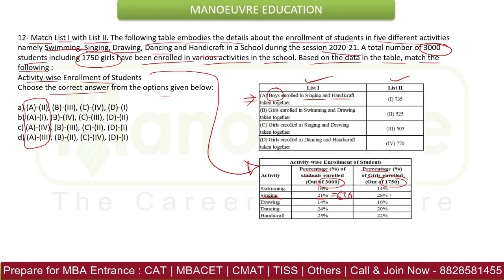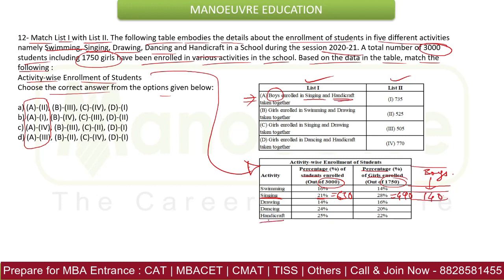And 28% girls of 1750, so that will be 17.5 into 28, so that will be 490. So if you try to find the number of boys who will be engaged in singing, that will be 630 minus 490, that will be 140.